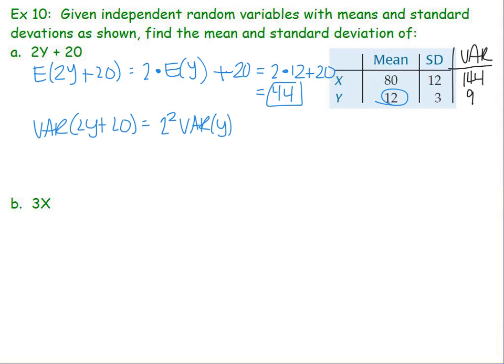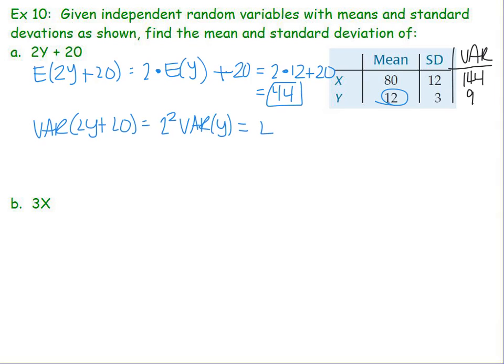Now, if the 2 wasn't there, and it was just y plus 20, that is equation 2, and equation 2, if you remember, the plus number, the plus 20, cancels out. So we're not using the 20. So it stays 2 squared times the variance of y.